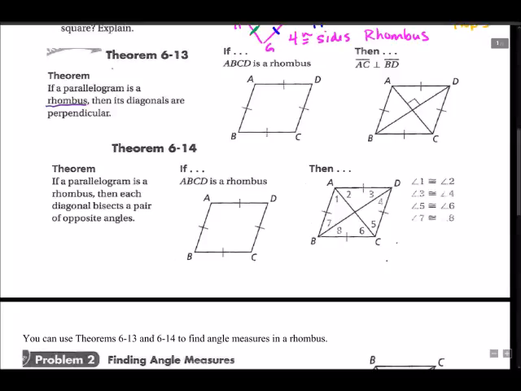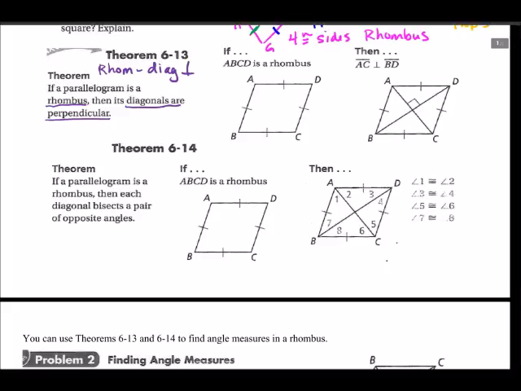Then what happens? The diagonals are perpendicular. Now this is special, right? We like right angles. So this one we can write rhombus, diagonals perpendicular. See, it doesn't have a name, but that's shorter than some of the names we have.